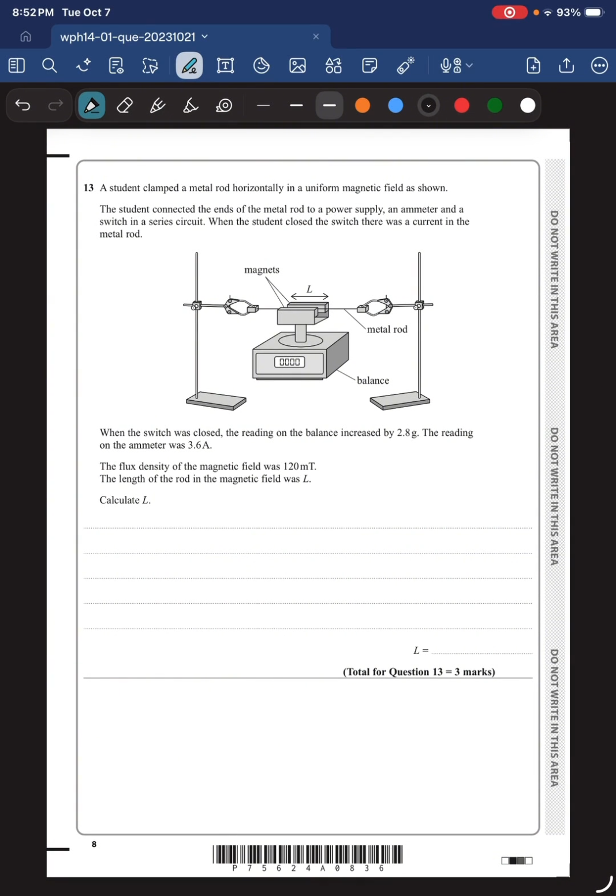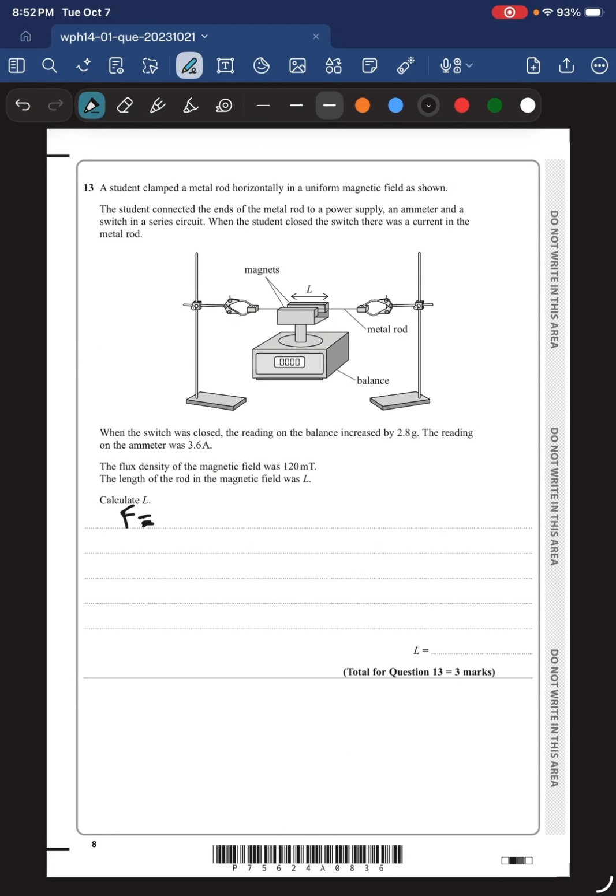The reading on the ammeter was 3.6 amperes. The flux density of the magnetic field was 120 milliteslas, and the length of the rod in the magnetic field was L. Calculate L.